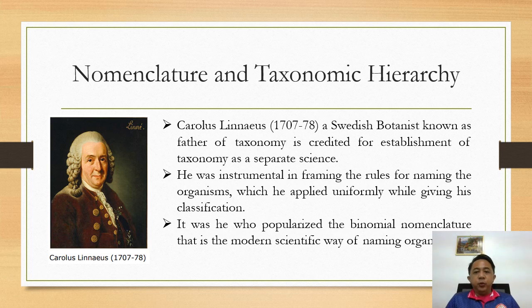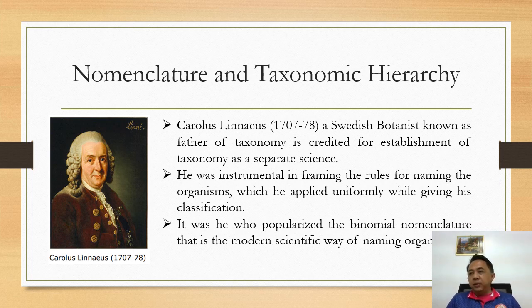He was a Swedish botanist known as the father of taxonomy, and it was credited to him the establishment of taxonomy as a separate science. Now, he was instrumental in framing the rules for naming the organism, which he applied uniformly while giving his classification.